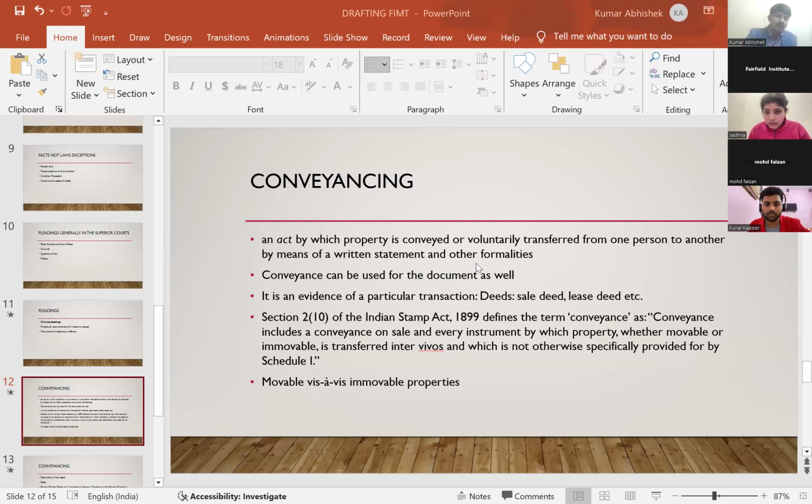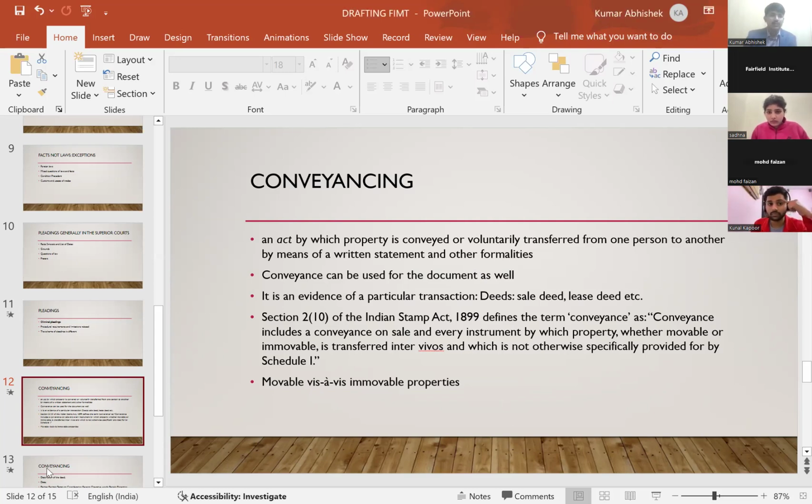If we leave the latter part of the definition, which talks about certain kinds of documents laid down in Schedule 1 of that act, conveyance is a document through which a property is transferred or sold from one person to another person.